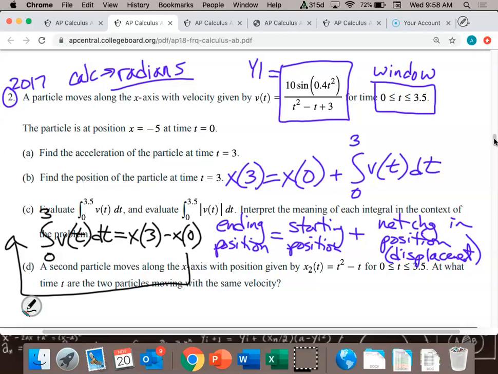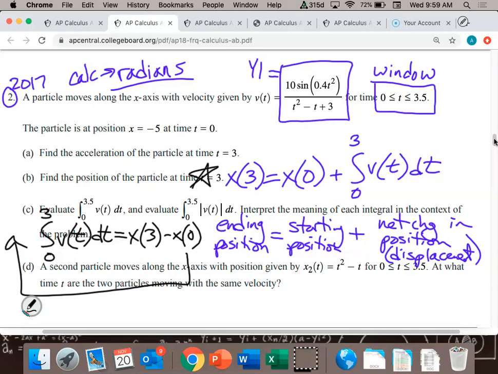So if this works better for you, that's fine, right? The College Board doesn't care. This equation and this equation are the same equation. However you choose to write it, I personally would recommend learning this way because these problems come up so often.